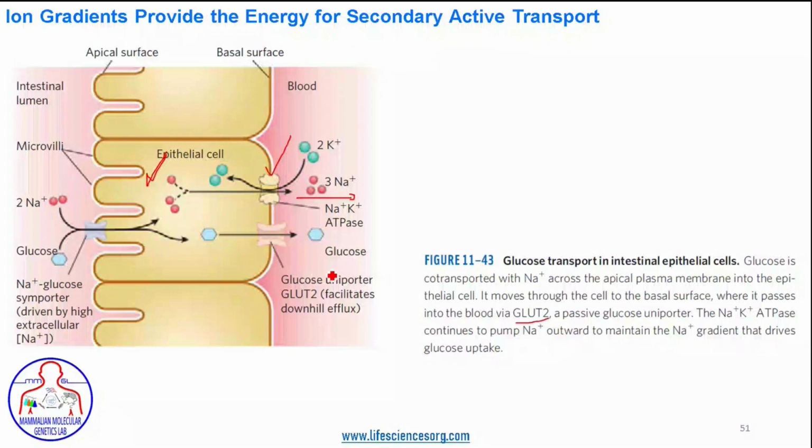Intestinal cells have the GLUT2 transporters, and because the sodium is pumped outside, the potassium enters into the cell, giving a high concentration of potassium and a low concentration of sodium inside the cell. Because of this sodium potassium ATPase, sometimes we say sodium potassium pump, sometimes sodium potassium ATPase, the concentration of sodium is kept at a lower level in the intestinal cells.